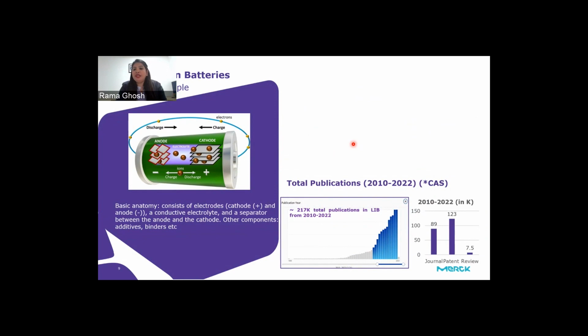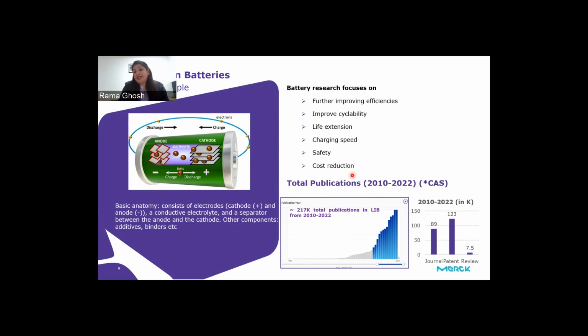When you need to fulfill the demand, R&D is also necessary to improve features like efficiency, cyclability, charging speed, safety, and cost reduction. Today, in the last 10 years, there are nearly 217,000 publications across different sites on lithium-ion batteries. Among them, 123,000 are patents registered across industry and academia, which indicates the potential of battery technology to fulfill our global demand.